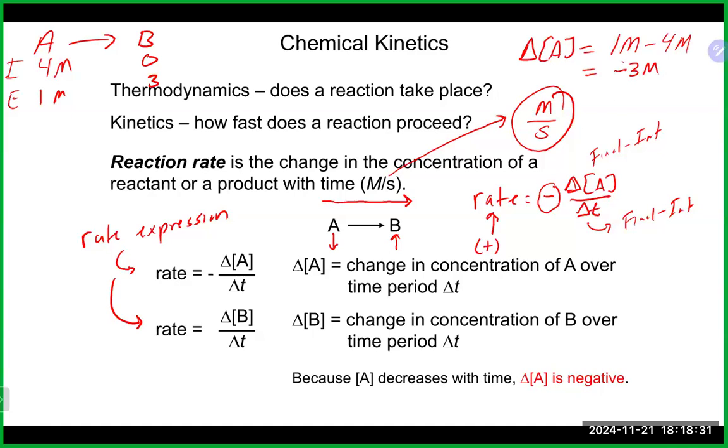And that negative that you would get when you do final minus initial, along with this negative here, will turn your rate into a positive number, which is, again, what you want it to be.